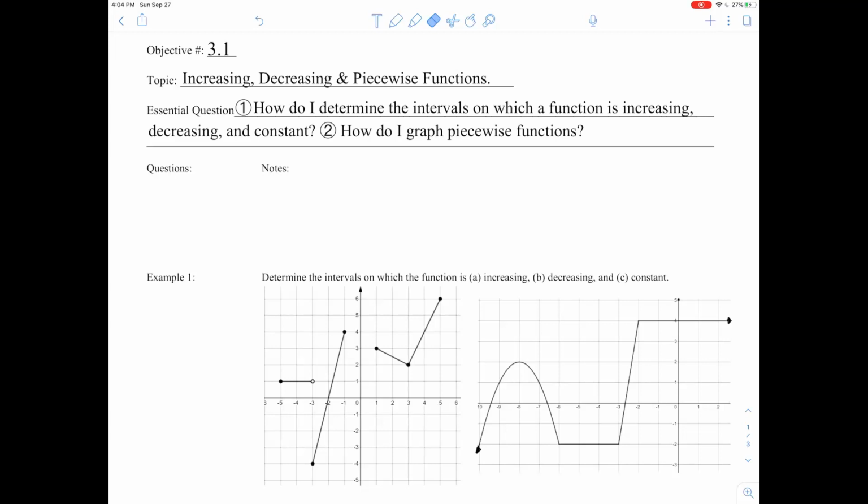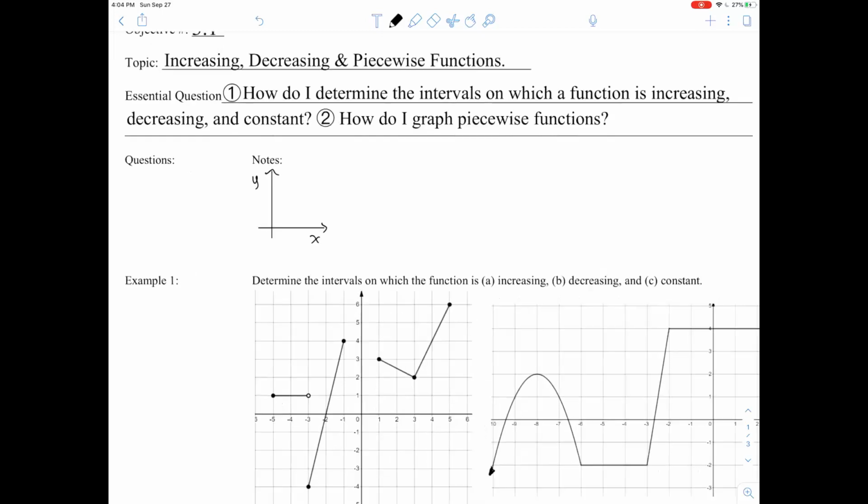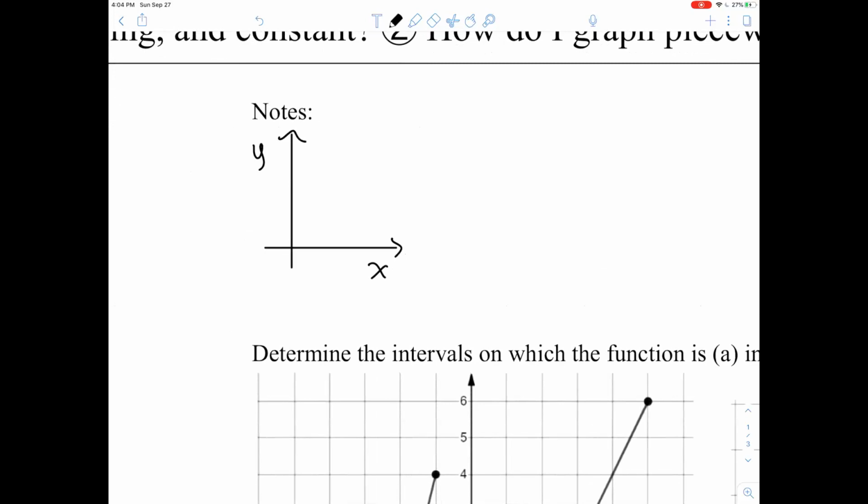And let's do some defining of an increasing function. So if I were to take an x and y axis here, here's the x-axis, here's the y-axis. I'm going to zoom in a little bit so we can look. All right, and I put on here point A and point B. You would consider A to be less than B as we read that graph left to right, correct?